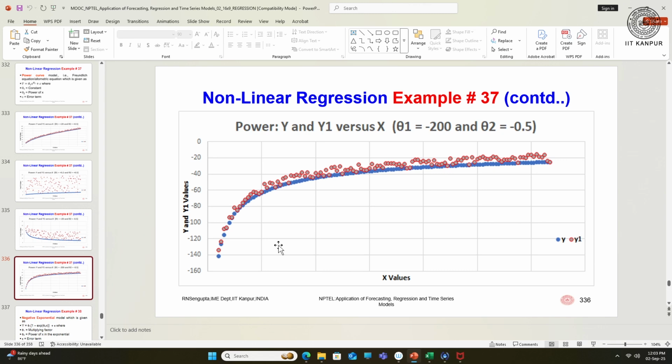Now, we have considered the rectangular hyperbola, the logarithmic one, and the power one, and for all these we have been changing the values of theta 1 and theta 2, and later on we will see another set of nonlinear regression models where there are 3 parameters, theta 1, theta 2, theta 3, and we will explain that. I did also mention the seed value of x, which we have kept fixed, but it can be changed, and the increment value of x, which we have kept fixed, but it can be changed.